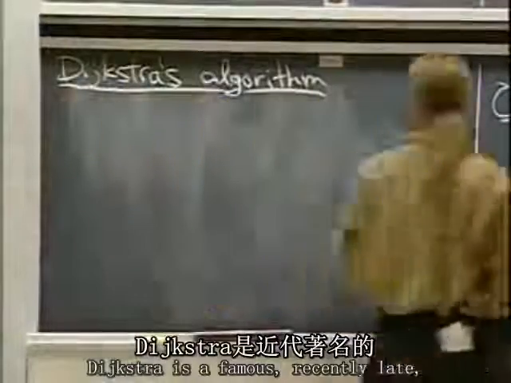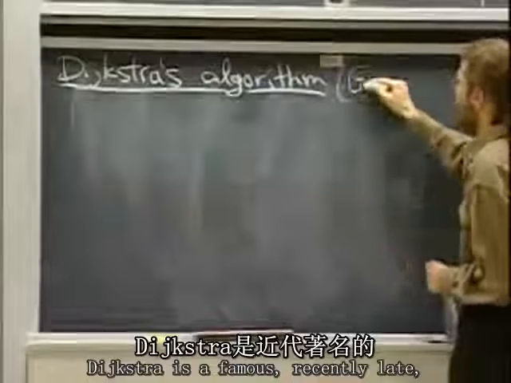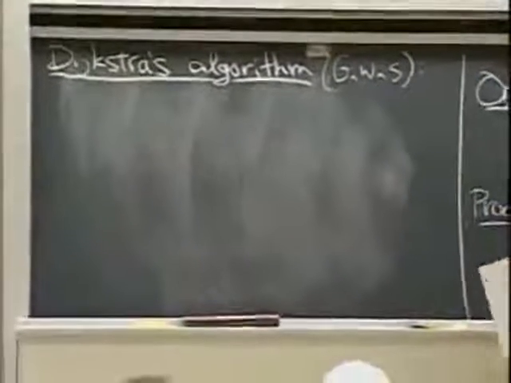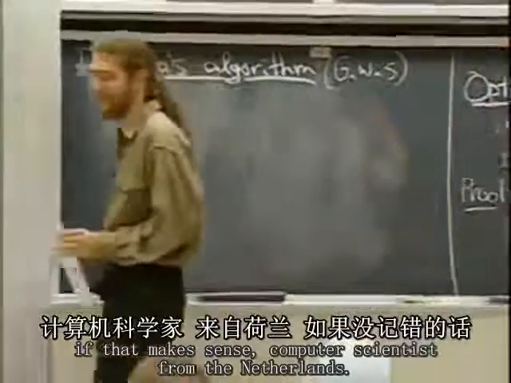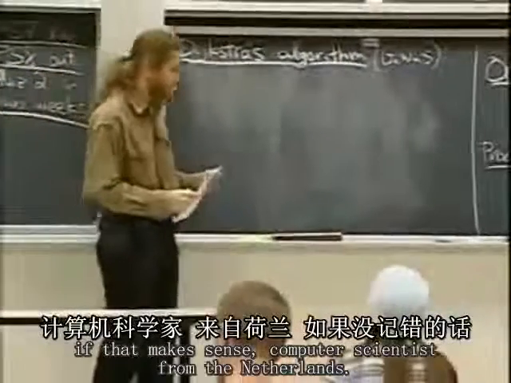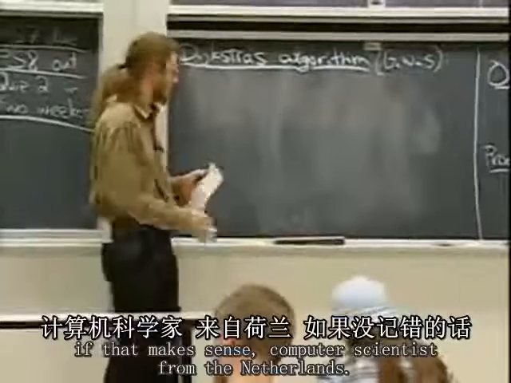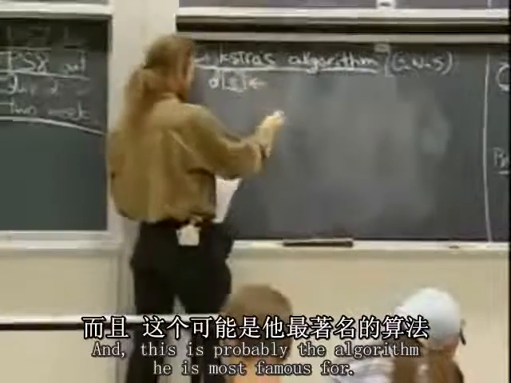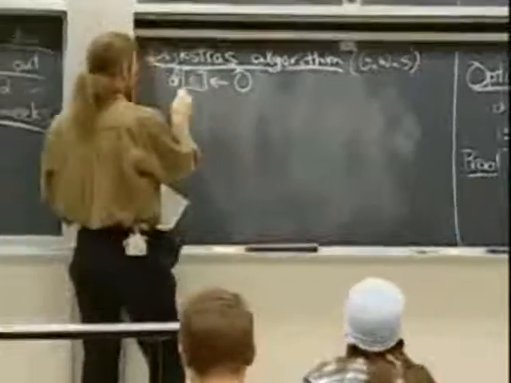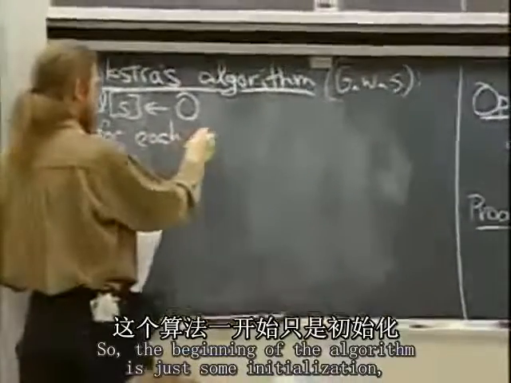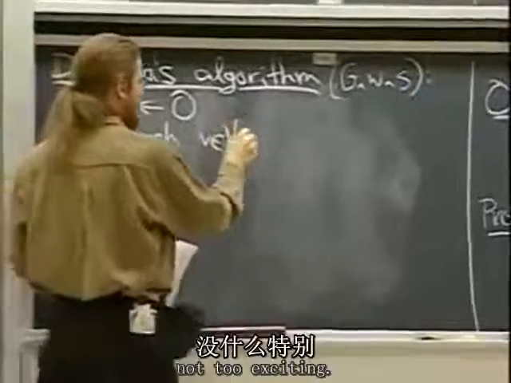Dijkstra is a famous, recently late, if that makes sense, recently late computer scientist from the Netherlands. And this is probably the algorithm he's most famous for. So the beginning of the algorithm is just some initialization, not too exciting.